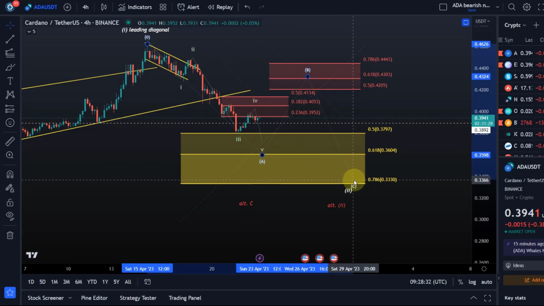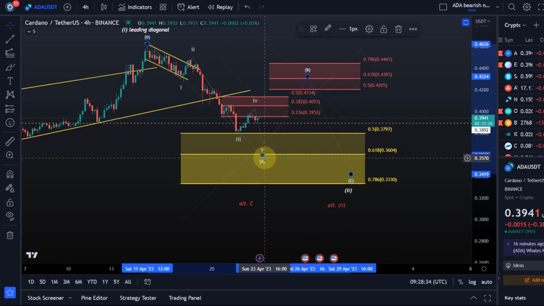The C wave needs a certain length, and if the A wave already is very low, the B wave might not be very high, and then the C wave would be unnaturally short. That always is a risk, because it could indicate that support is going to break. So what we ideally want is a B wave which has reasonable length, so that the C wave has enough space to hold the wave 2 support area.